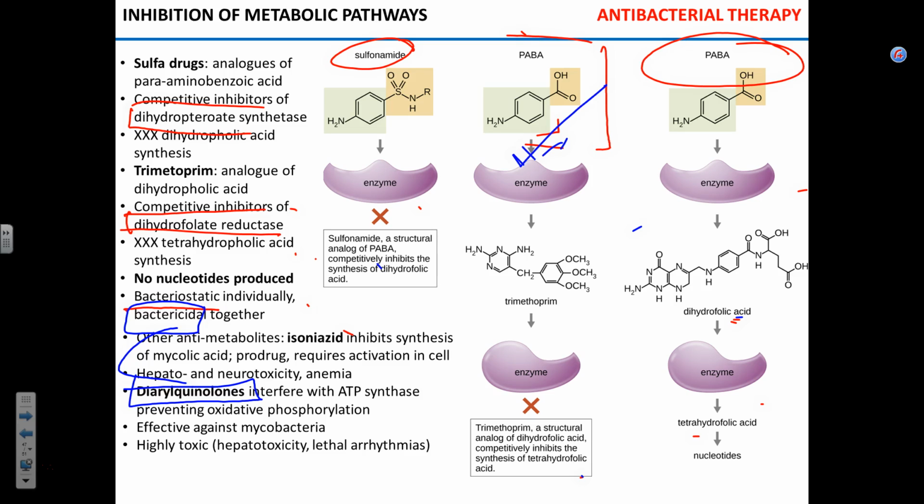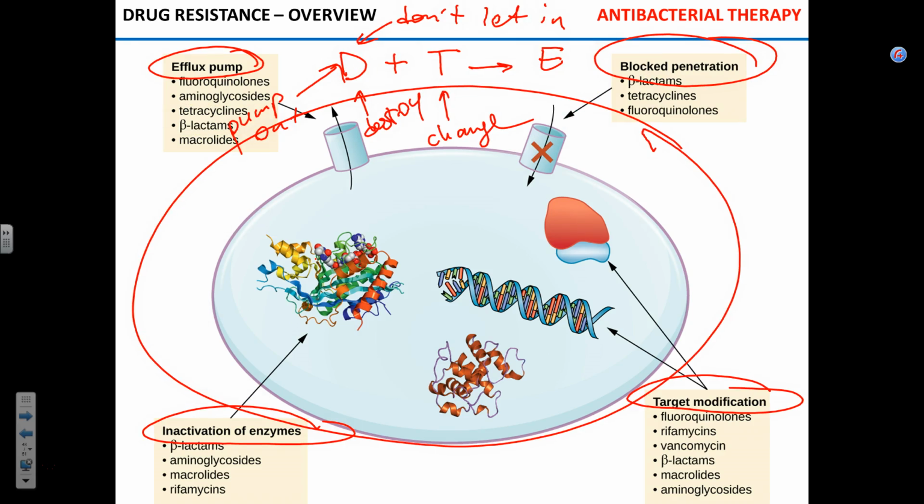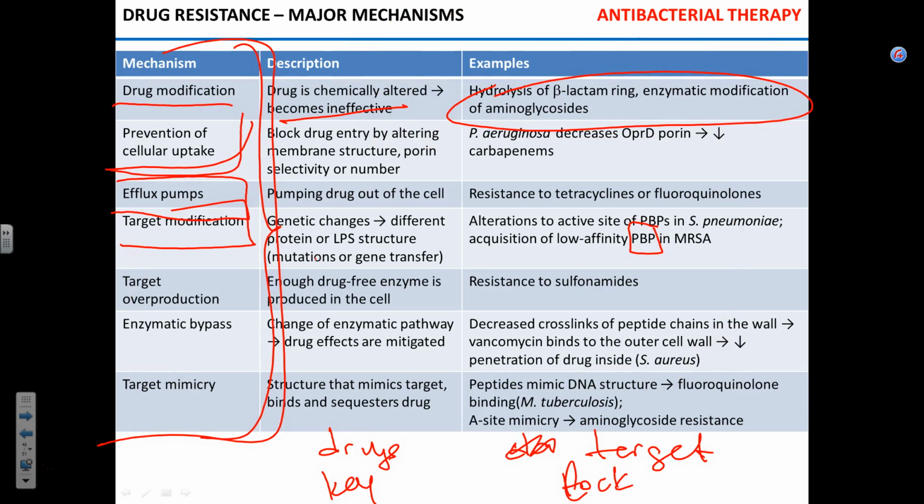If you overproduce the enzyme, some of that enzyme will still be inhibited, but the enzyme that is not inhibited will be sufficient to maintain the folic acid synthesis. Does that make sense? Okay?